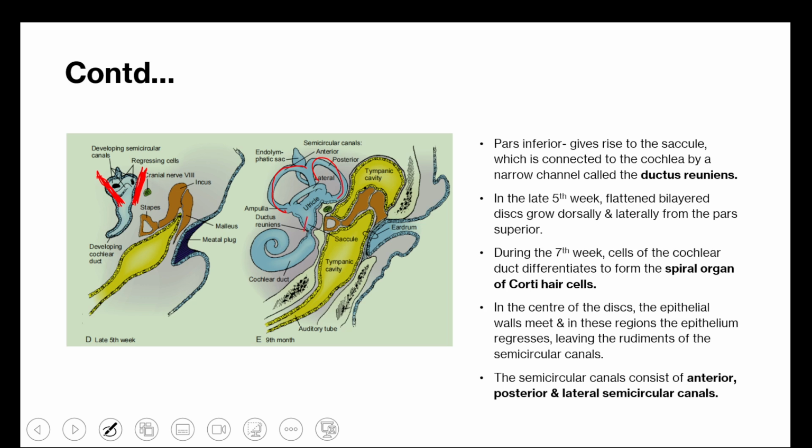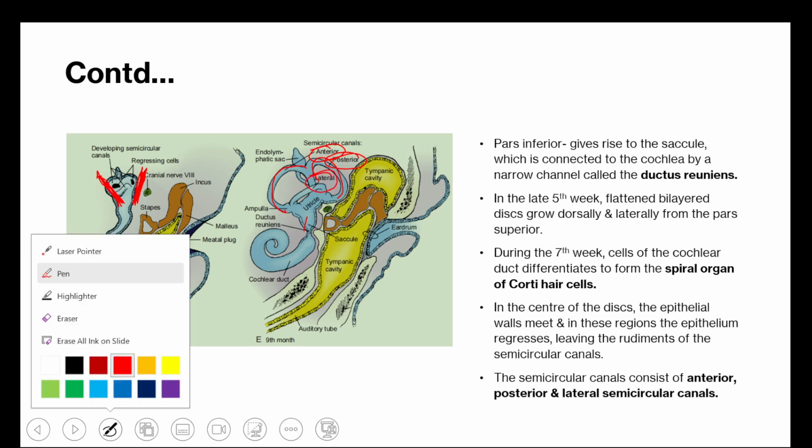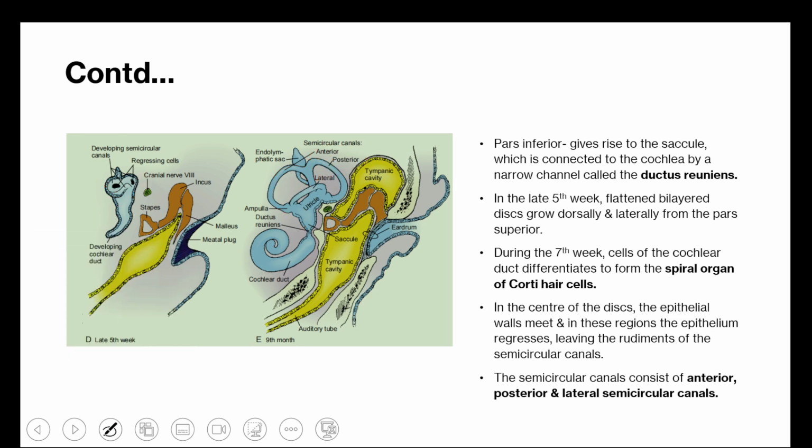Three semicircular canals, that is the posterior, anterior, and lateral one. So this dorsolateral expansion of the pars superior is forming the posterior, anterior, and lateral semicircular canals, and this is happening during the late fifth week.